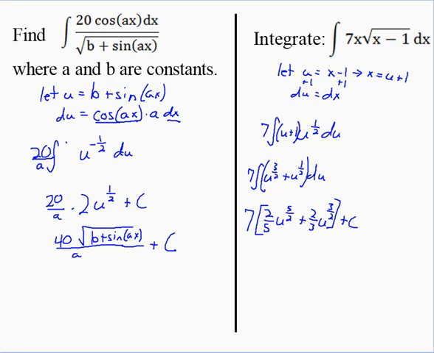Also, I'm going to go ahead and distribute this 7. So we have 14/5 because of distributing the 7. And this is x minus 1, because u was x minus 1 to the 5/2. Plus, again, distributing the 7 will be 14/3. U is x minus 1, so x minus 1 to the 3/2 plus c.